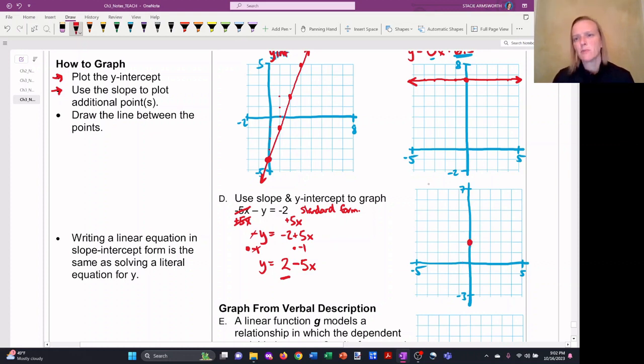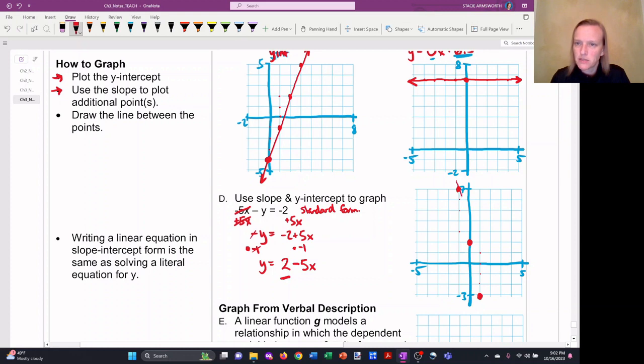And because this has a negative slope, I'm expecting a downward slope as I move to the right. So when I go to the right one, I go down 1, 2, 3, 4, 5. There's one of my points on the line. And I can draw a point going the other direction as well. If I go to the left one, if I go negative in the x direction, then I go positive in the y direction. 1, 2, 3, 4, 5.